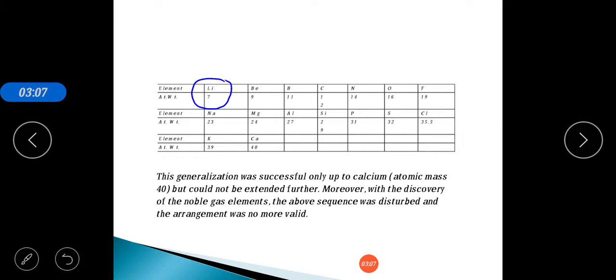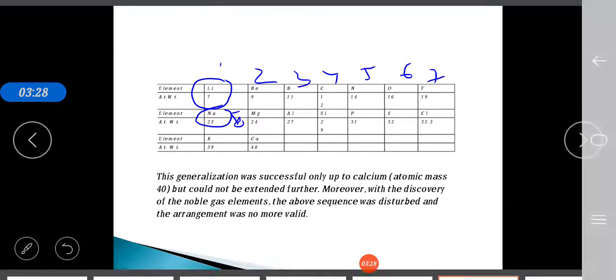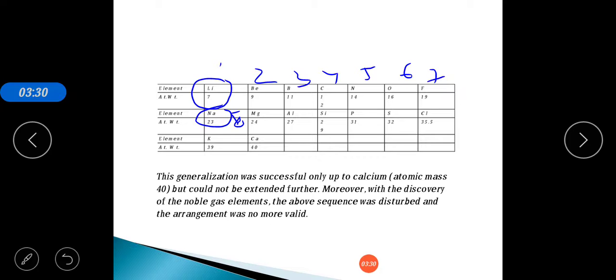Take lithium, for example, as the first element. Then second beryllium, third boron, fourth carbon, fifth nitrogen, sixth oxygen, seventh fluorine, and the eighth again is sodium, which has similar properties to lithium.